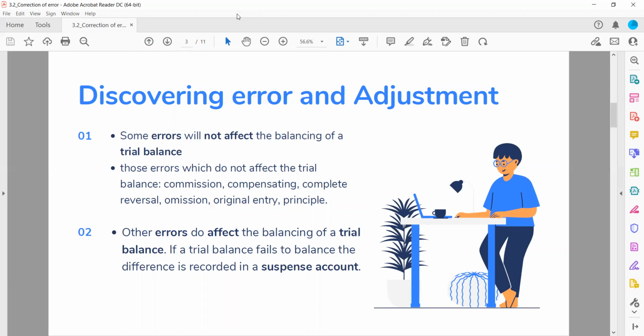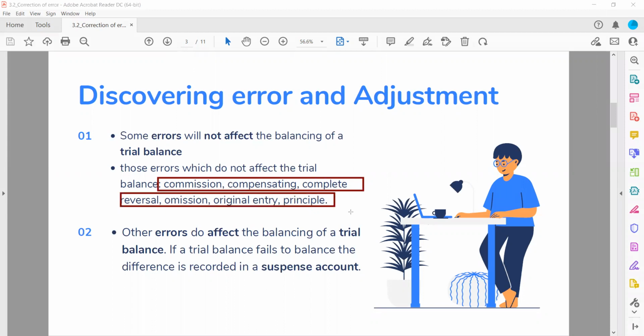So there are 6 errors. These are terms that you must remember because in the exam, they will ask about the terms. Commission, compensating, complete reversal, omission, original entry, and principle. So these are the 6 errors that we need to learn later. Other errors do not affect the balance of a trial balance.